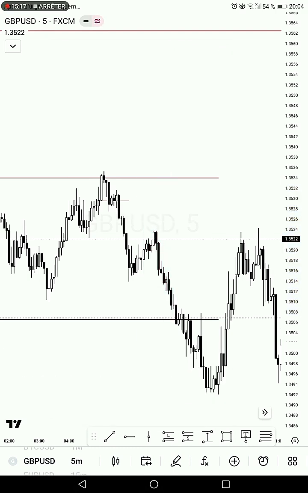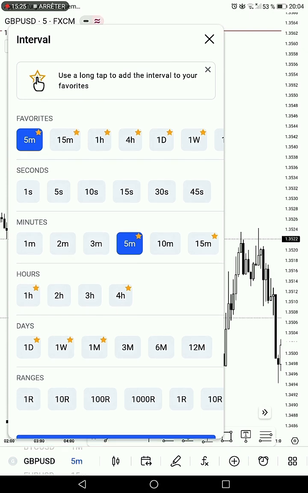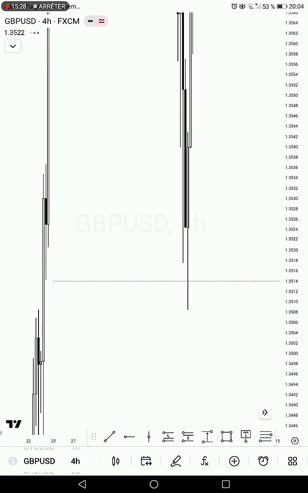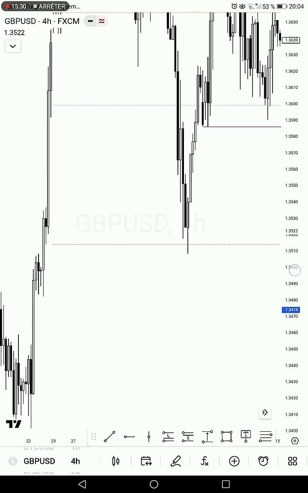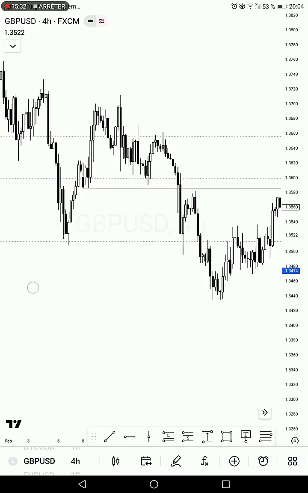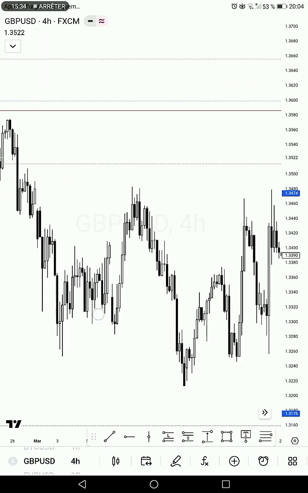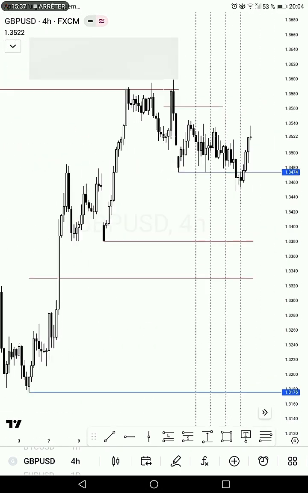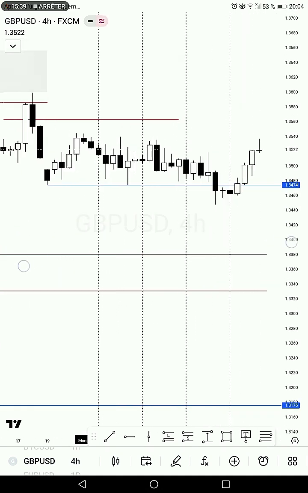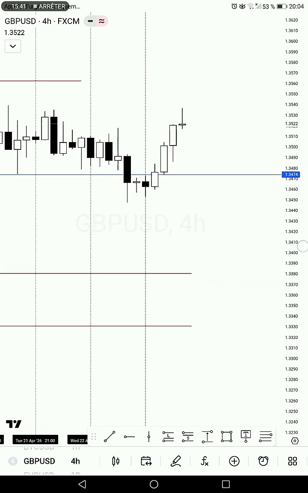So going back to the 4-hour time frame, which I told you that's where I saw all my entries. We can see here clearly that, and here comes the most trickiest CRT.